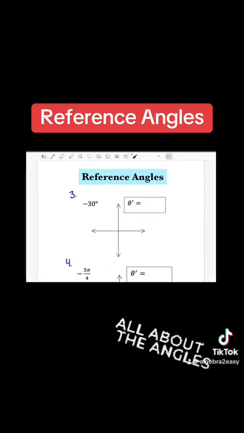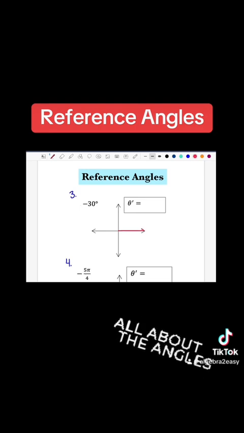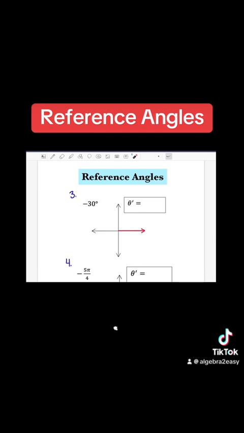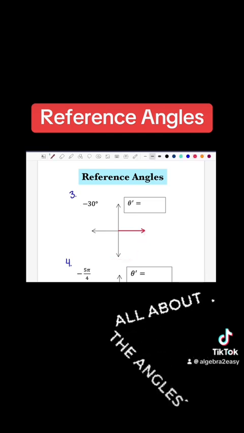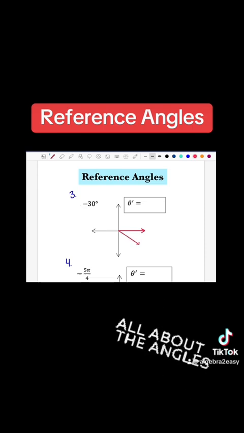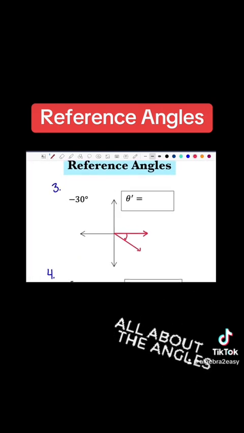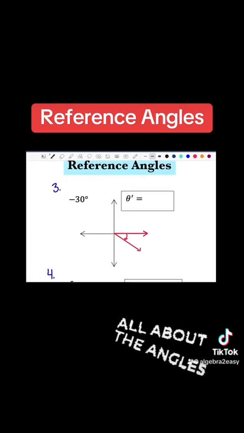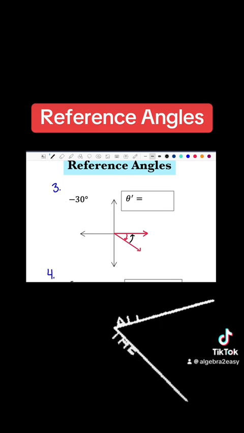Negative 30 degrees. Okay, so don't forget, sketch your initial side. And now we need to sketch the terminal side. Negative angles, just as a reminder, move clockwise. So I'm going to move clockwise 30 degrees. Draw your directional curve. Now again, the reference angle is from the terminal side back to the x-axis.